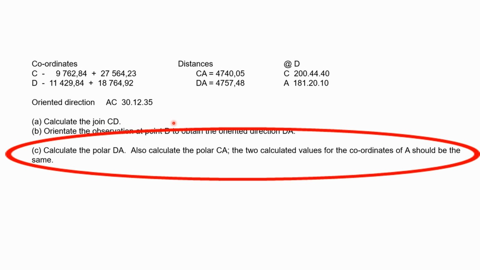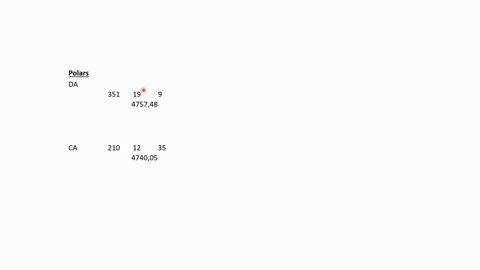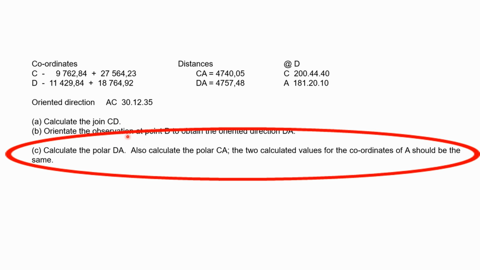Then our final question: calculate the polar dA, and also calculate the polar CA. The two calculated values for the coordinates of A should be the same, so in the end we must check our A coordinates. Polars require distances and direction. Looking at the information given to us, we have our dA, which we just orientated, and we also have our distance for dA.